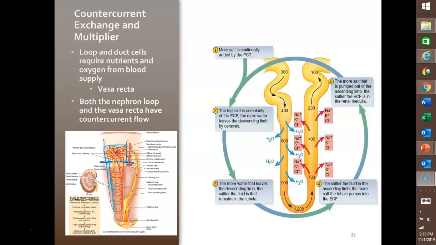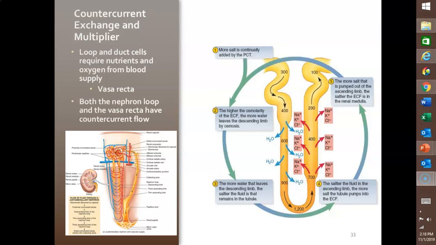So the osmolarity of the tissue fluids is becoming greater. Well, what happens when sodium moves and the osmolarity increases? Then water, we know, is going to follow even more. Well, that's leaving less and less water inside the renal tubules, right?